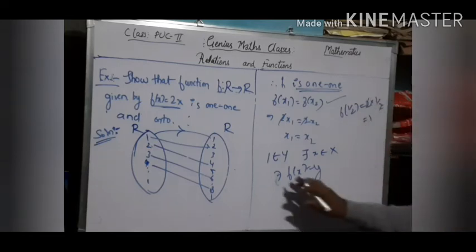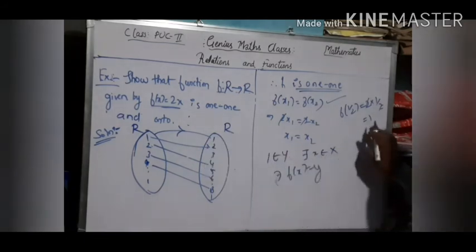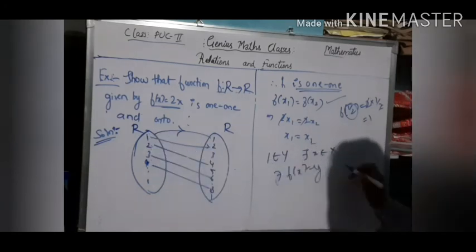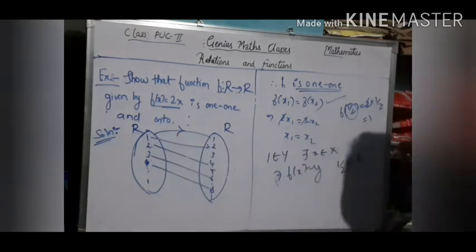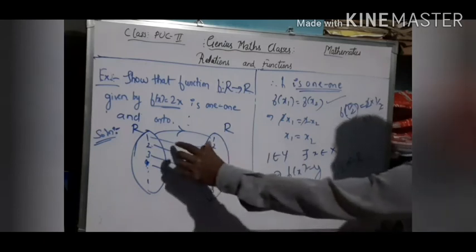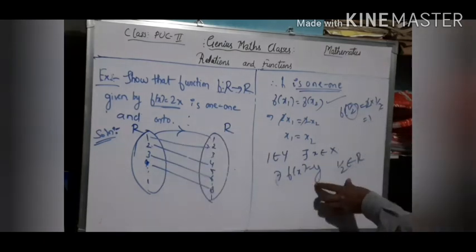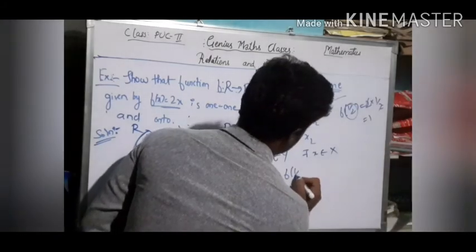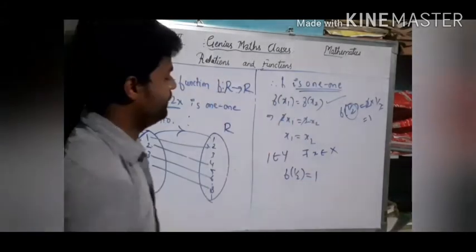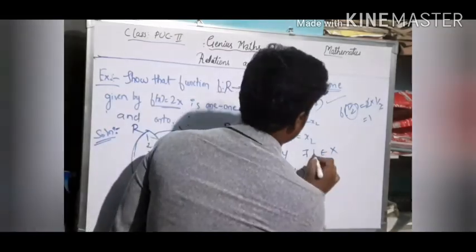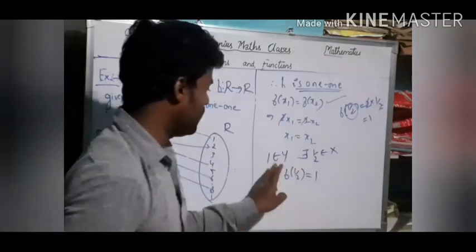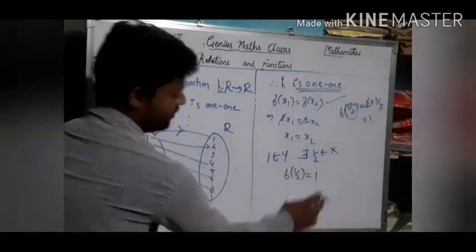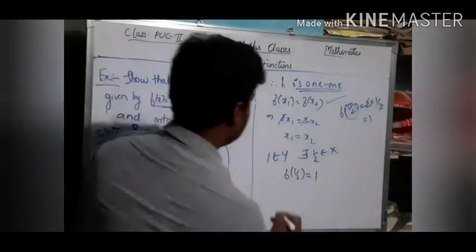So if you get the result 1, the pre-image is 1 by 2, which belongs to R. Therefore f of x equals y, that is f of 1 by 2 equals 1.